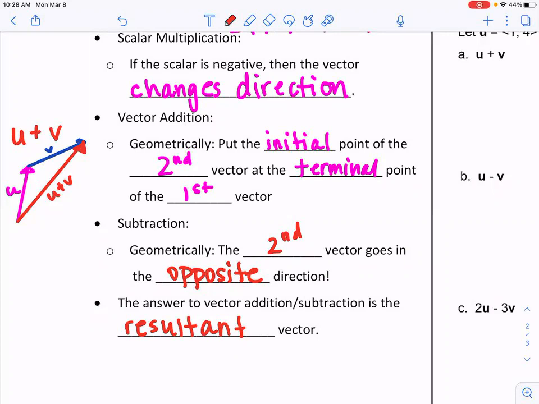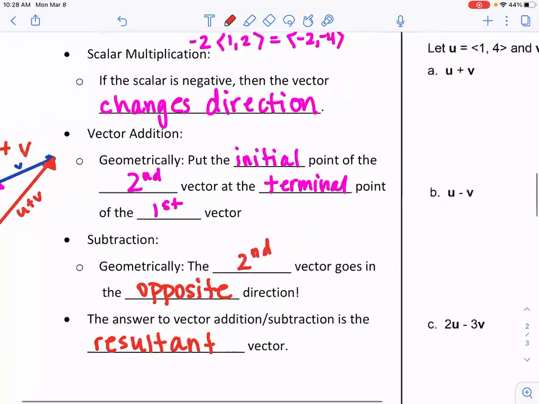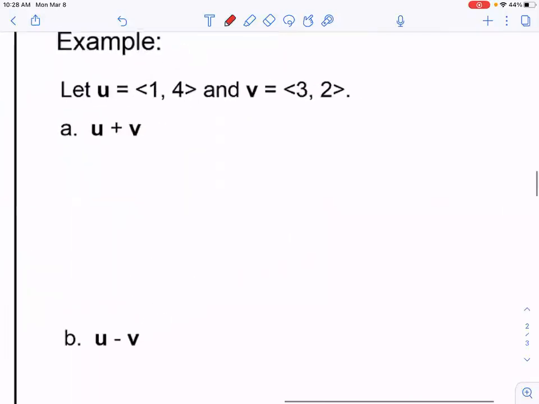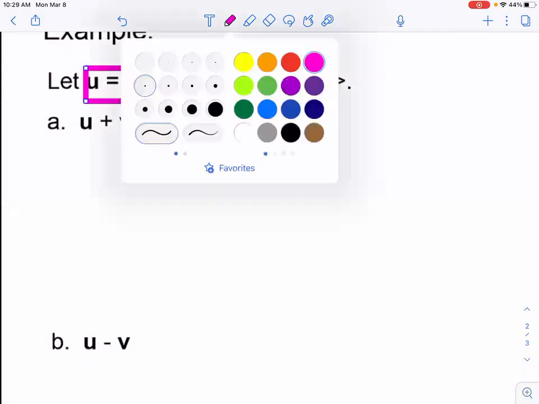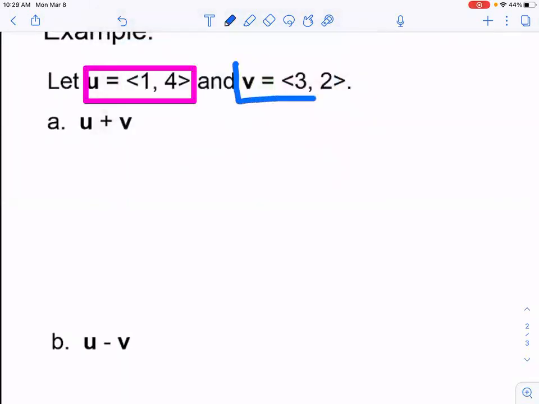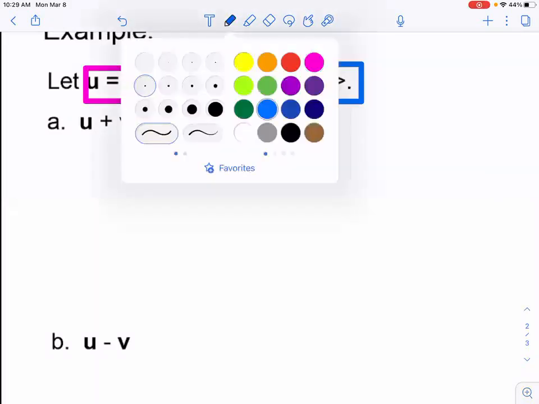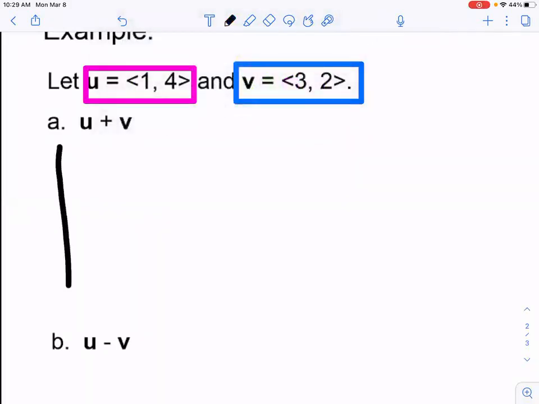Okay, so let's come over here to our examples. Vector u is 1, 4, and vector v is 3, 2. I know that you're going to add these together very easily.